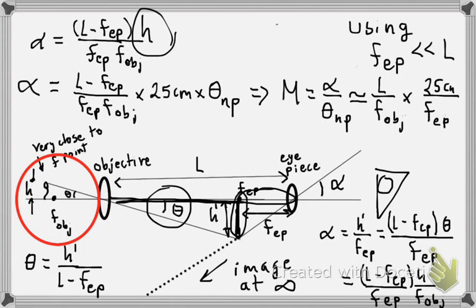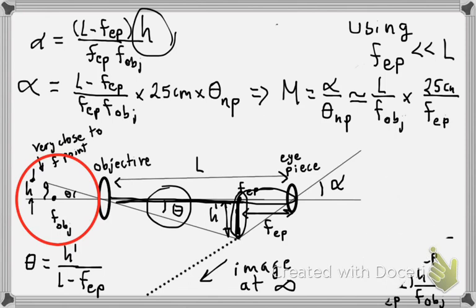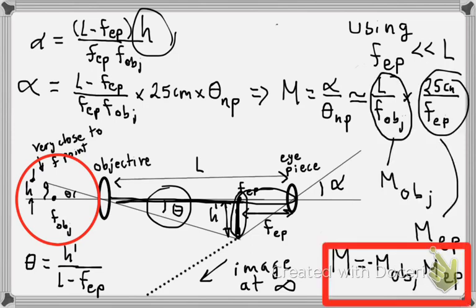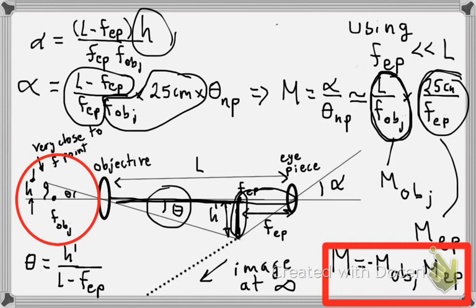So it is a good approximation to say that L minus FEP is basically L. So the first term right here can be approximated as L divided by FOBJ, and the second term here, 25 divided by FEP, is right here.